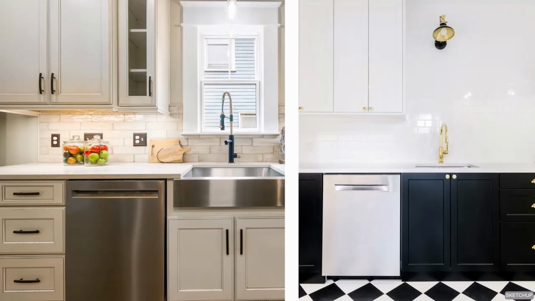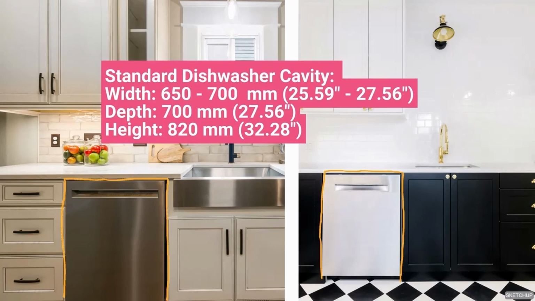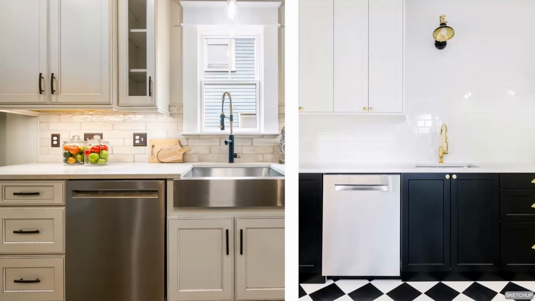A freestanding dishwasher will fit into a standard cavity that's approximately 700 millimeters wide, 700 millimeters deep and 820 millimeters high, although model specifications can vary, with some extra-tall models being 870 millimeters or higher.